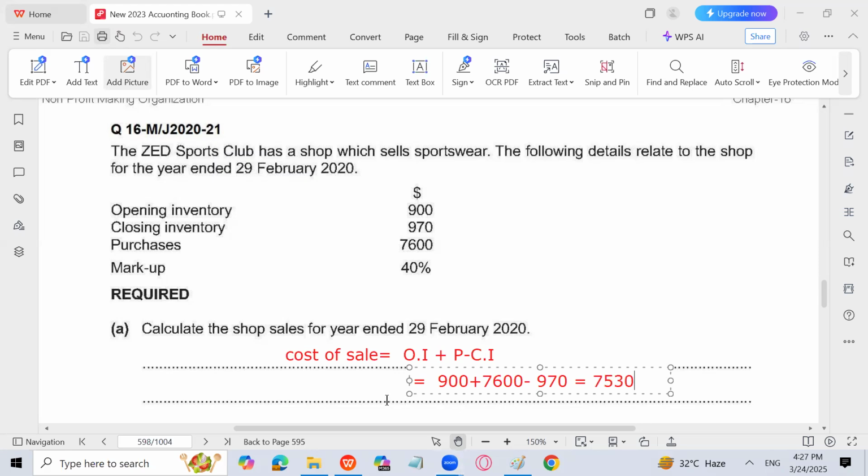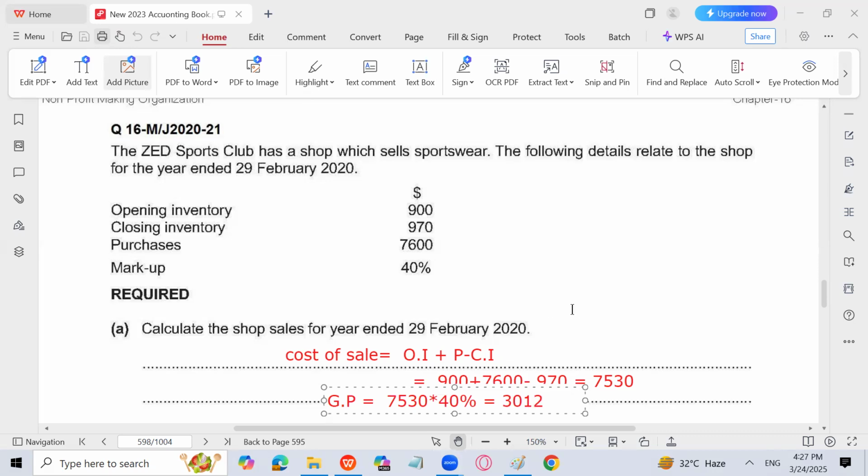Now we know that the markup is 40%, so I can calculate the gross profit, same as we did in the last question. 7530 multiplied by 40%. How much will it come? That is going to be our gross profit, and I will add cost of sales plus gross profit to find the shop sales. 3012. Yes, that's the right answer. So I will write here 3012.